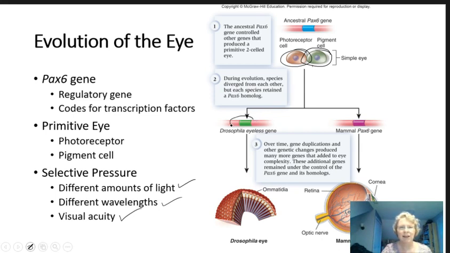You can see fruit flies have their version of PAX6 and mammals have their version of PAX6, as well as changes to genes that also control eye development. However, it's interesting that all of those genes that control eye development are still under the control of the PAX6 gene.